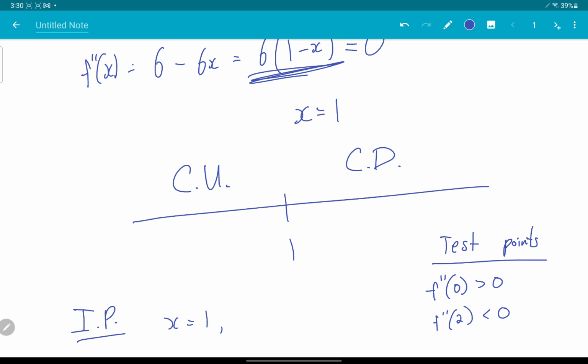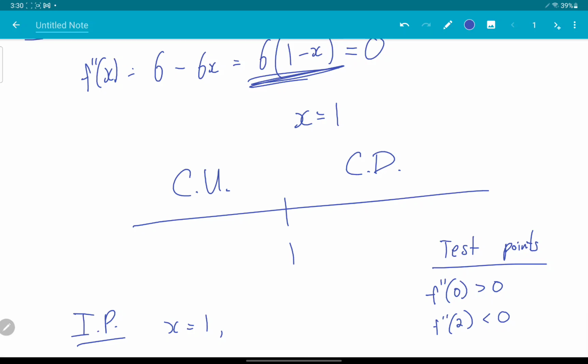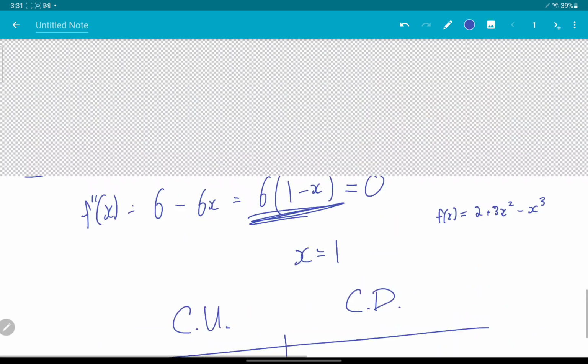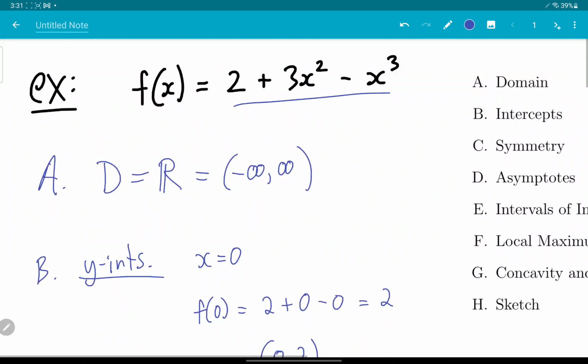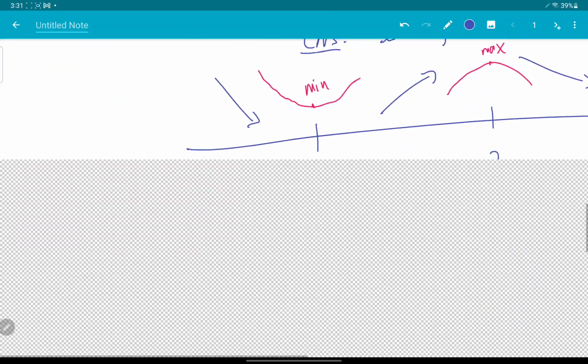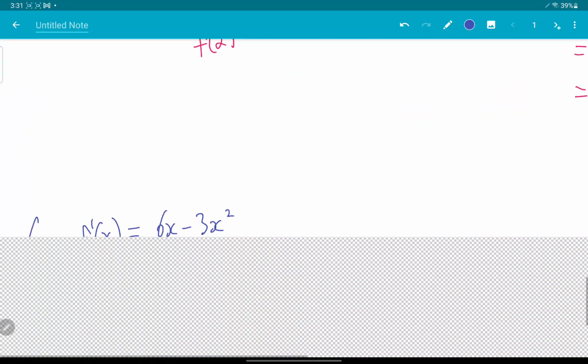The corresponding y value would be, well, let's remember what f of x is. I think it's 2 plus 3x squared minus x cubed. Let's double check that. Yeah. Sorry about that.